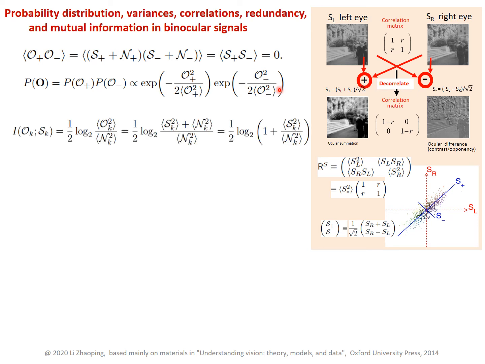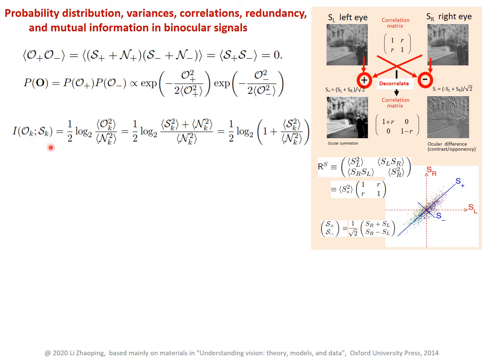Let's recall that the mutual information between output O and input S, when the output is simply the input signal plus noise, depends only on the signal to noise in this form. And this is the mutual information between O plus and S plus, or between O minus and S minus.